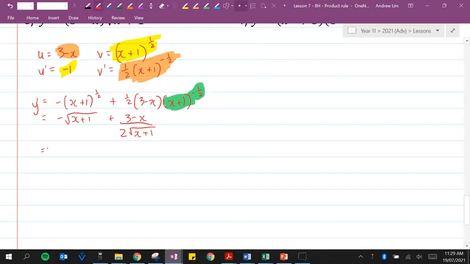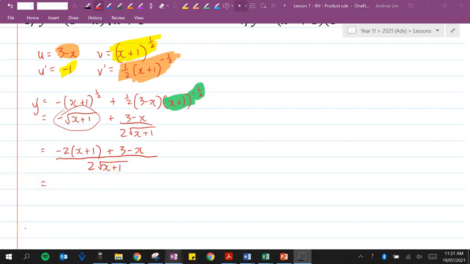So if I were to multiply this by 2 root x plus 1, that's going to give me a negative 2 lots of, root x plus 1 times root x plus 1 is just x plus 1. Plus 3 minus x, and now that's all over a common denominator of 2 root x plus 1.